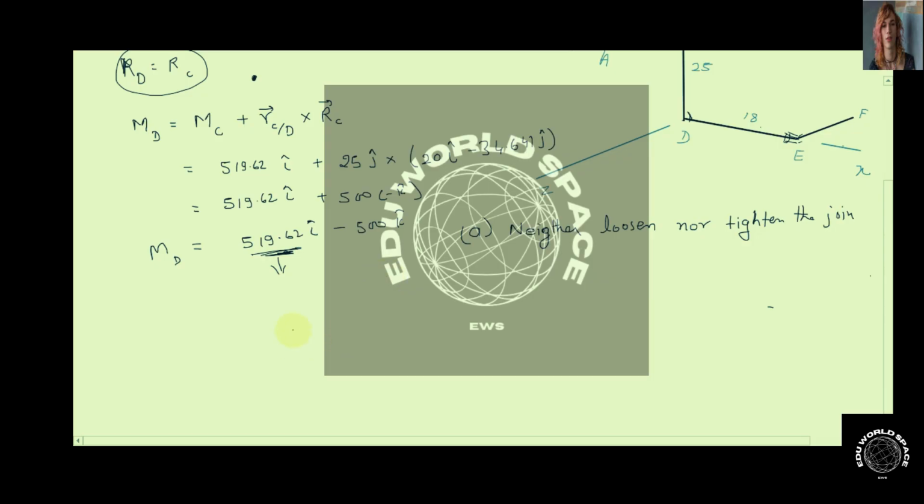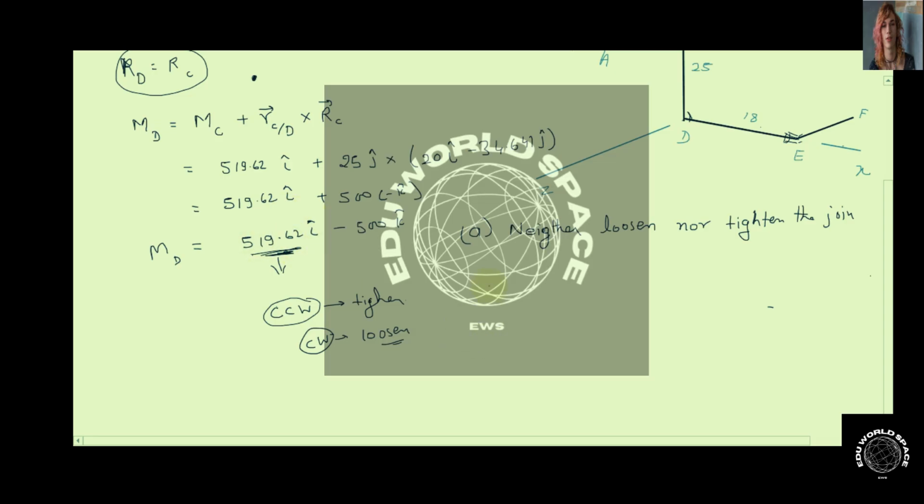So what does right-handed actually mean? Whenever a counterclockwise couple is applied on that element, it will tighten the element, and when a clockwise couple is applied on the element, it will loosen the element. So here the moment about point D is positive i cap.